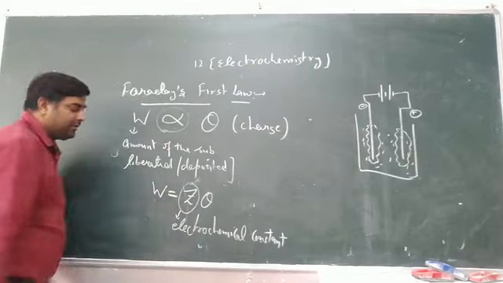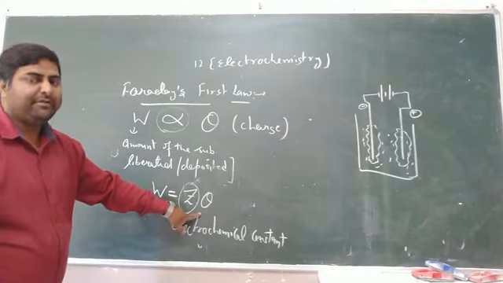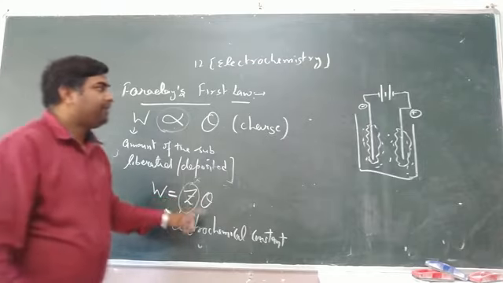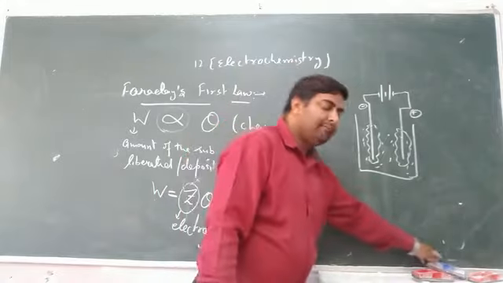So W equals Z into Q, where Q is the amount of charge passing through the electrolyte during the electrolysis process.